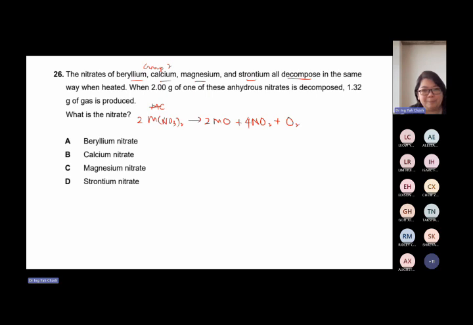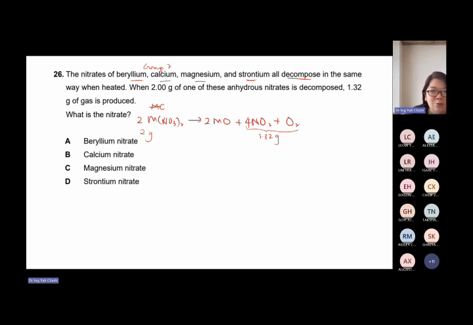2, 2, 4, 1. Now it says that when 2 grams of the metal nitrate is decomposed, 1.32 grams of gas is produced. There are 2 gases here, so 1.32 is the total mass of these 2 gases. I think you should combine these 2 gases in your calculation, and that will make your life easier.